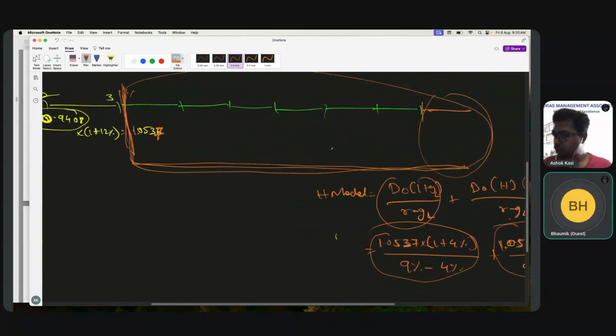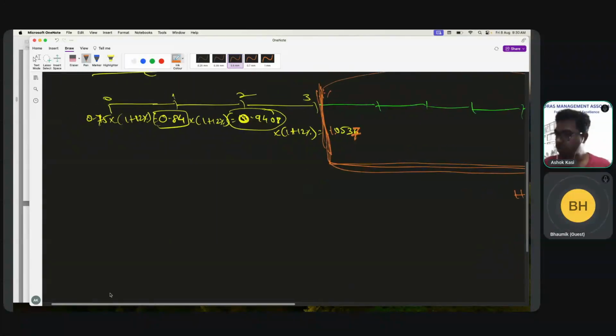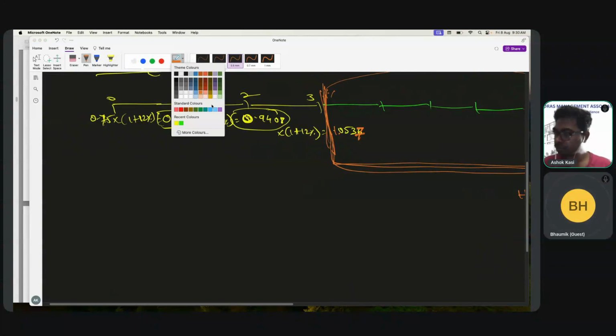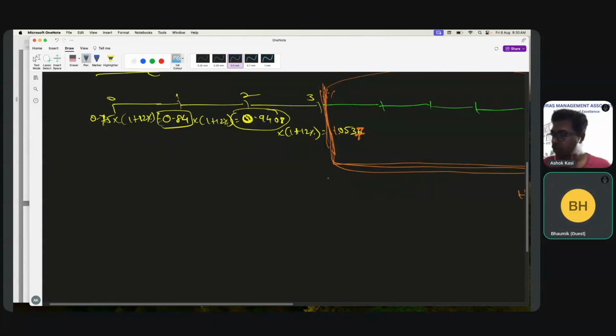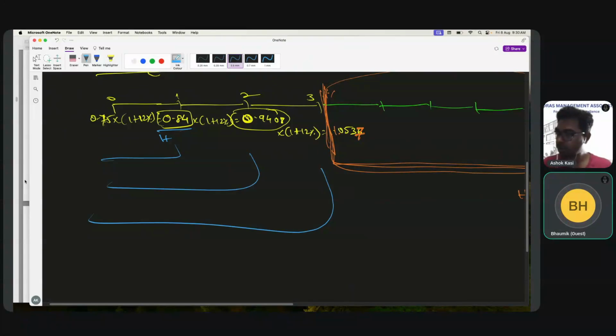Then this part I need to solve now. This part is normal as usual. We will solve it. 1 plus required rate is 9%.